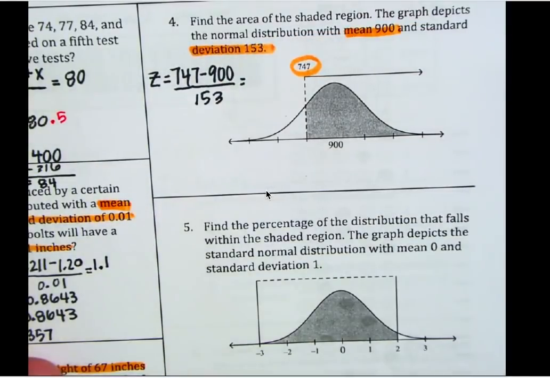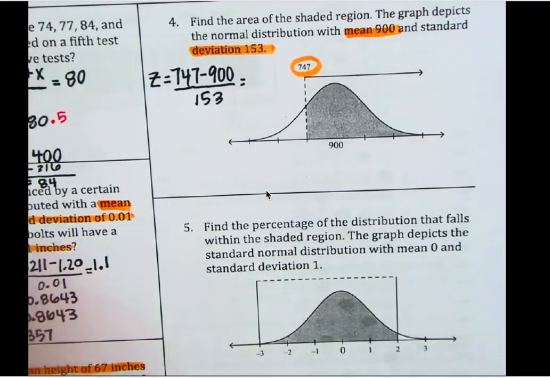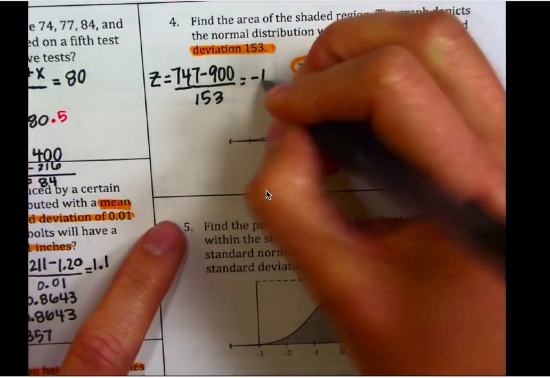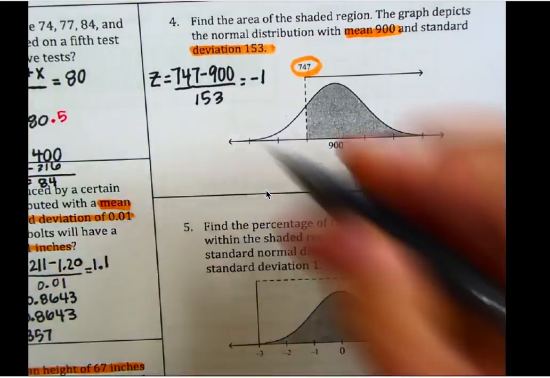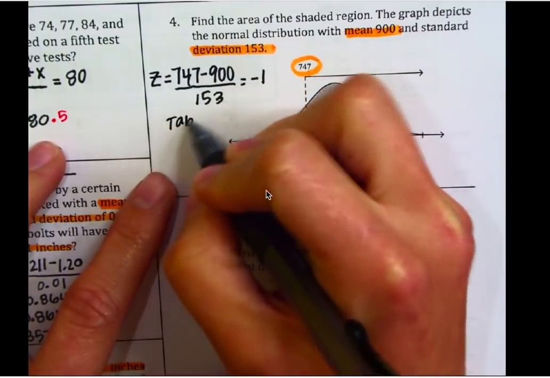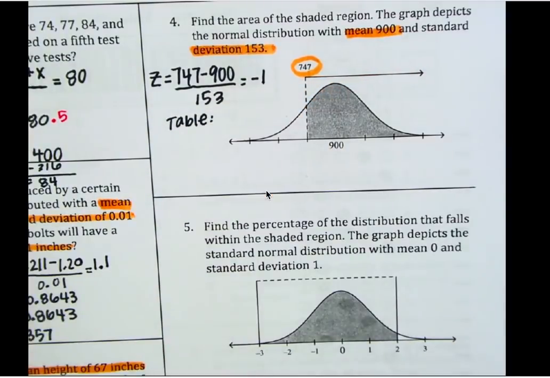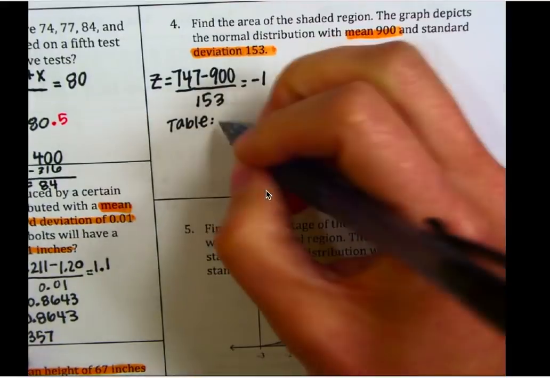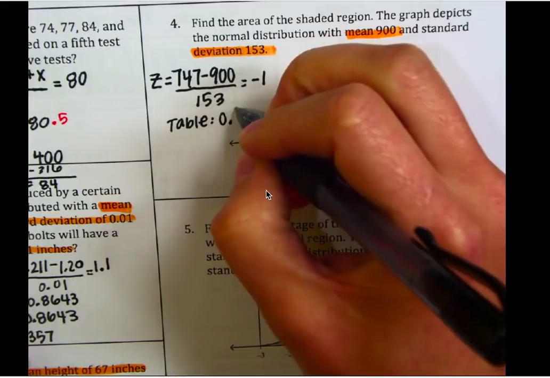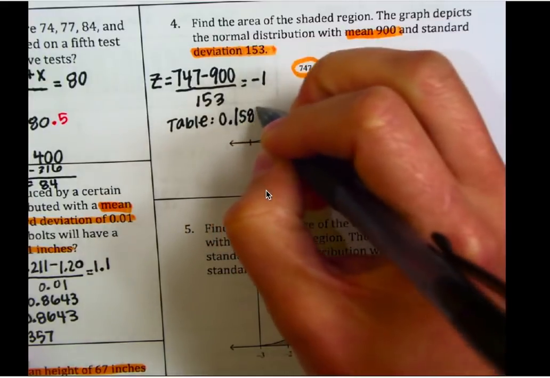Okay, and when I do that, I end up with -1. All right, so if I look that up in my table, if I look up -1, I get 0.1587.